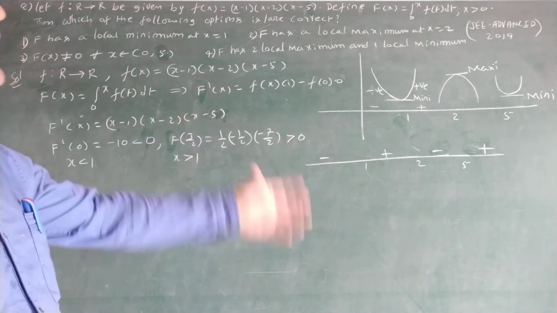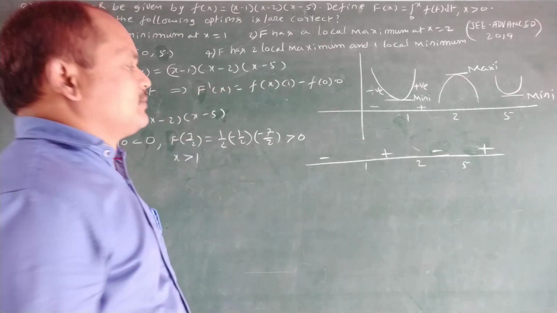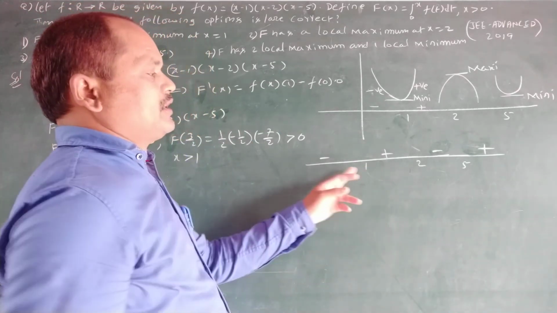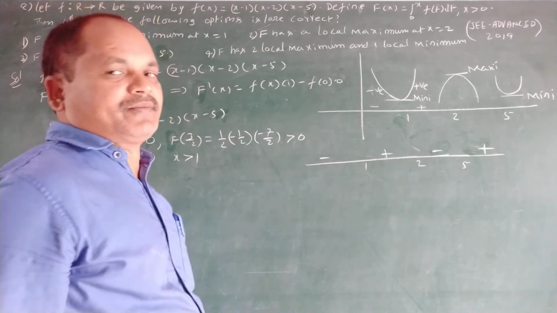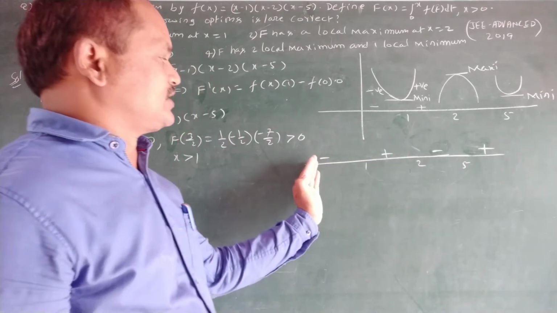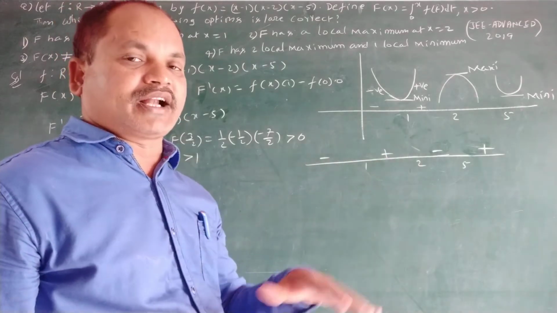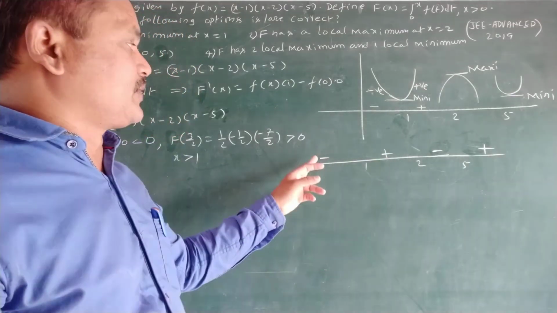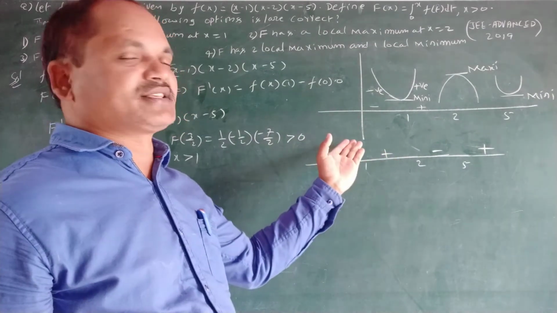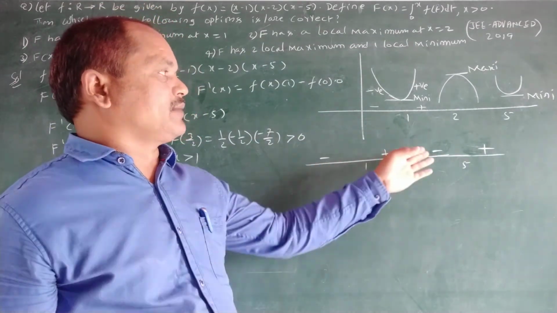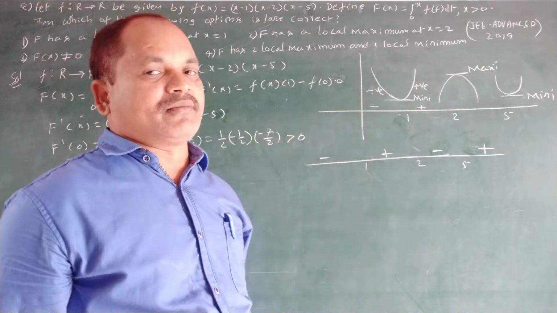That's why the curve has a local minimum at 1 and a local minimum at 5, and a local maximum at 2. According to the first derivative test, if the first derivative changes from minus to plus, then the curve has a local minimum. Plus to minus, then the curve has a local maximum.